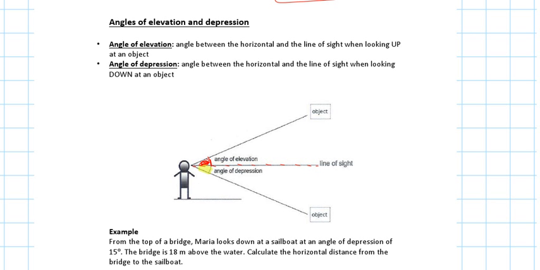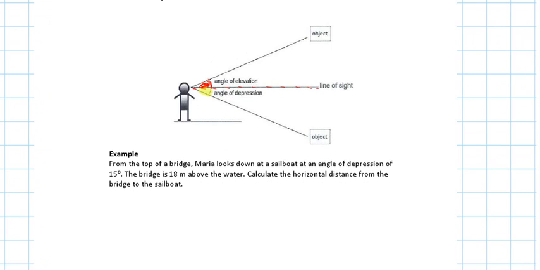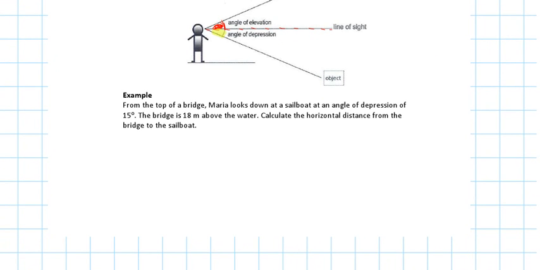So let's see what that means in a word problem. From the top of a bridge, Maria looks down at a sailboat at an angle of depression of 15 degrees. The bridge is 18 meters above the water.